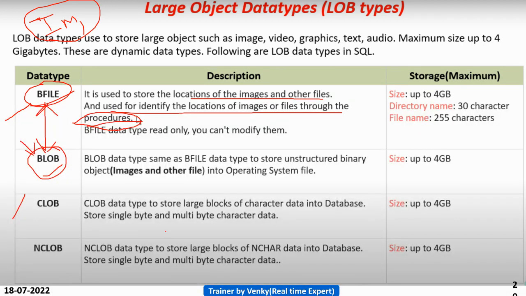Sir, you said only to store the image and other files we use the BLOB. Why do we require the BFILE? To store the image, where you have stored that image in your system has to be located first, to identify that image or whatever you want to store. It has to be identified.